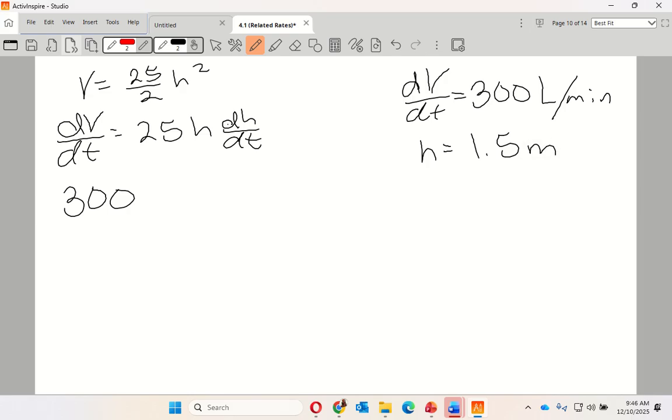Do you see the issue here? Liters and meters. I have to fix those. I have to correct that.